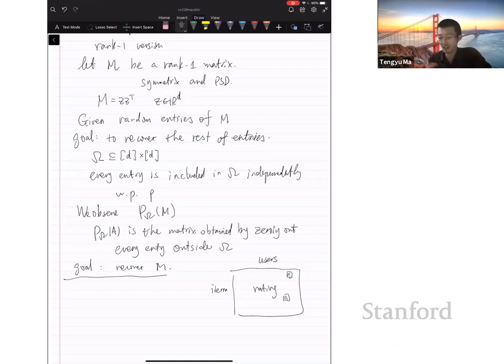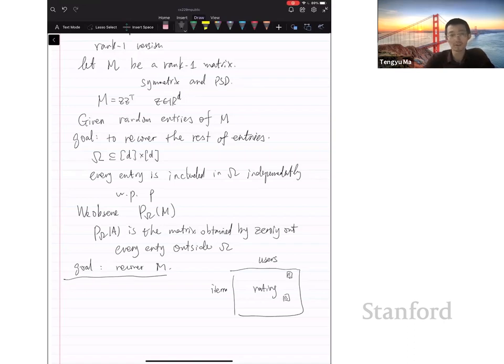I'm only using Amazon as an example, but the same thing probably applies to many other situations where you have to recommend items to users. So you have to recover all the rest of the entries to serve the users better in the future, and that's why this problem was important.